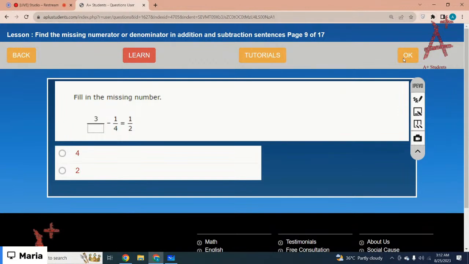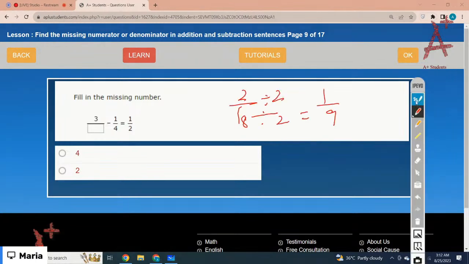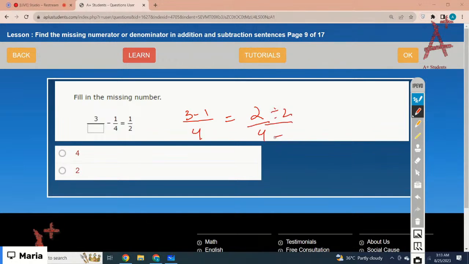That means the missing one would be 4, right? Because you can see 3 minus 1 is 2, right? Here you have 2 over 4 and you divide them by the common factor, it would be 1 over 2. That means the missing one would be 4, right?